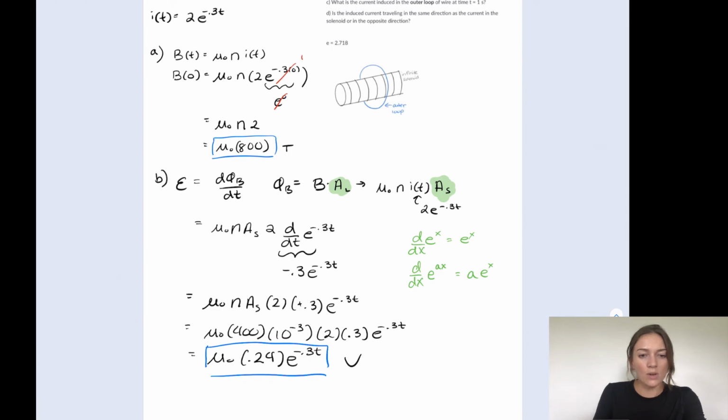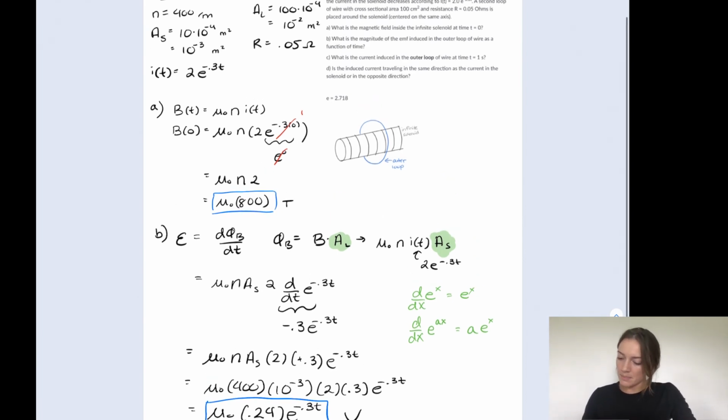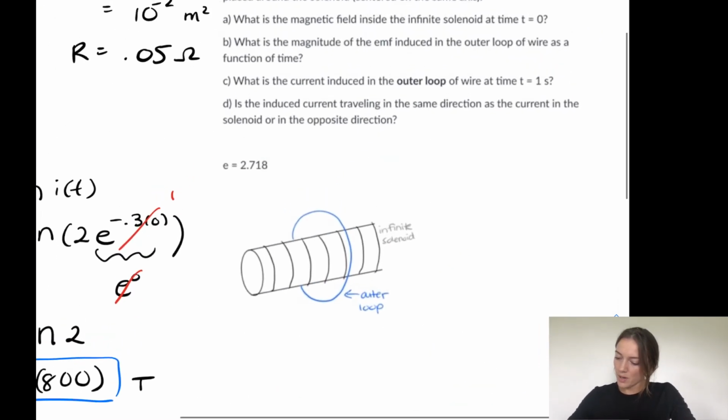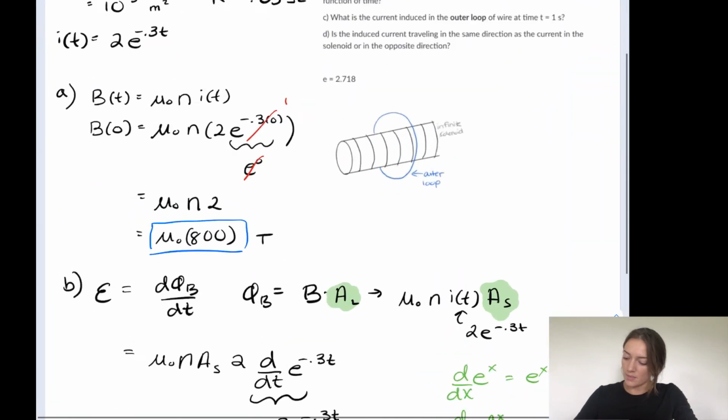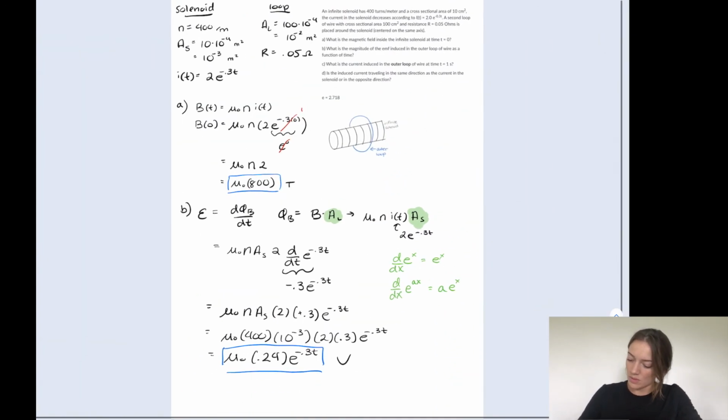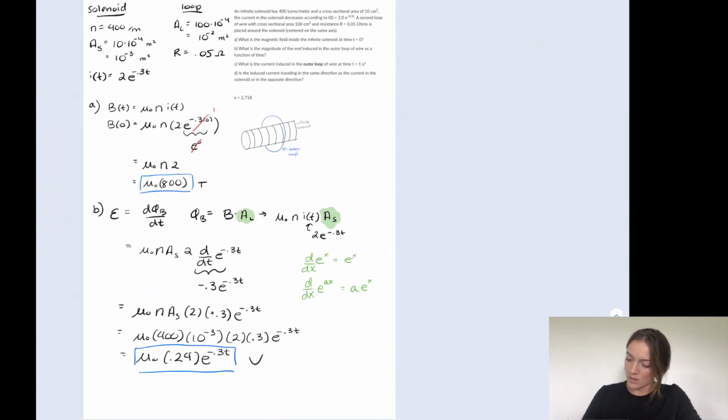Okay, so this is for part B. Now for part C, we want to know what is the current induced in the outer loop at time t equal to 1 second. We'll use the exact same Ohm's law variation that we had in the previous problem.